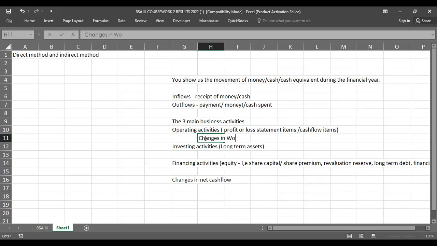Here they look at current assets and current liabilities. Any changes in current assets and current liabilities, we put under working capital, which is under operating activities.